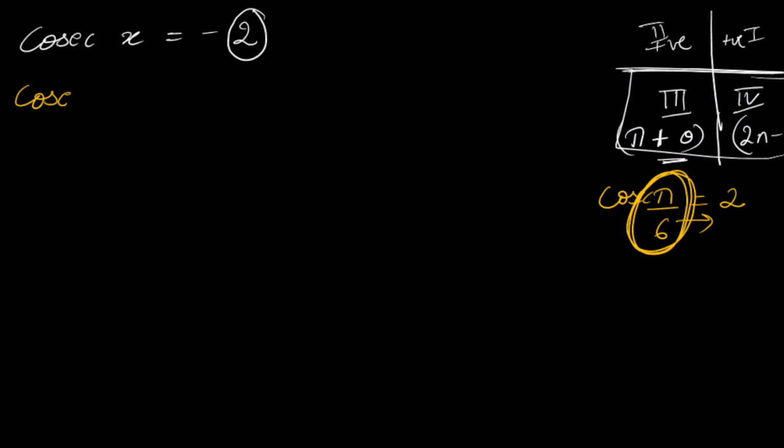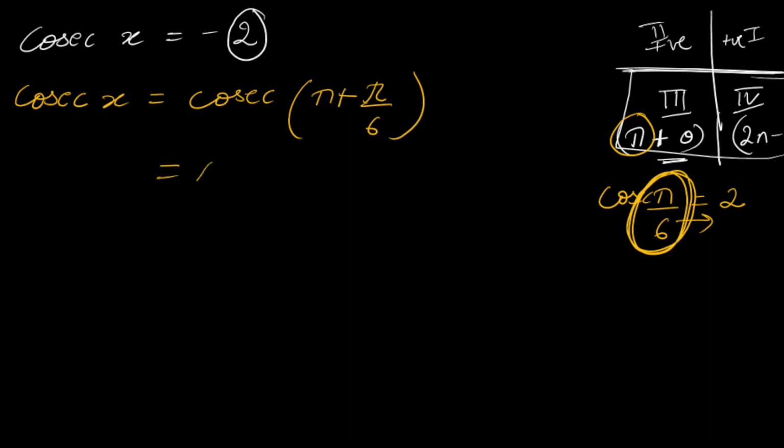First I am just solving for the third quadrant. So cosecant x is equal to cosecant of pi plus theta, pi plus this pi by 6. If I simplify this, I have to take the LCM, so 6 plus 1 is 7.